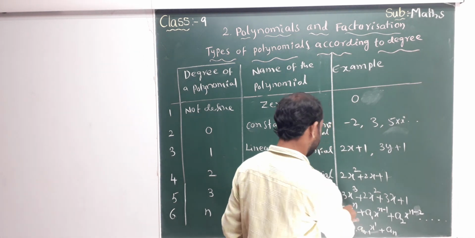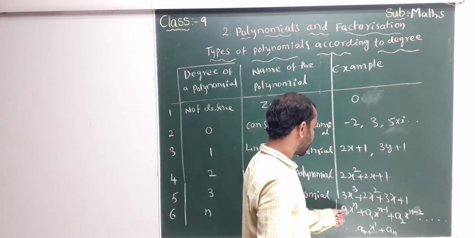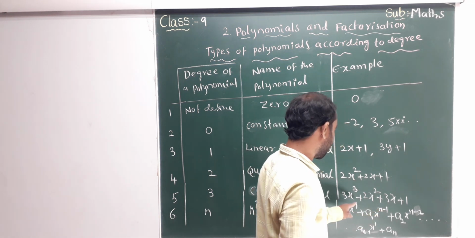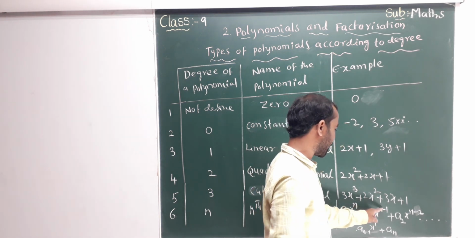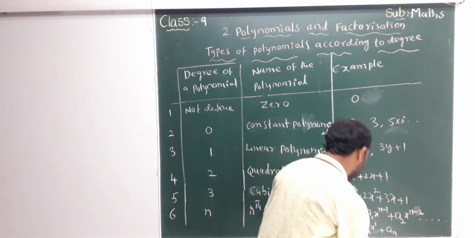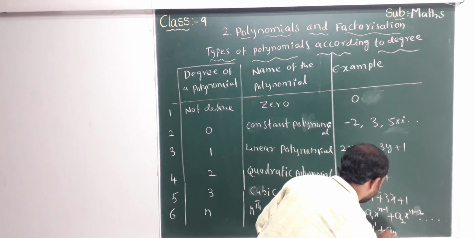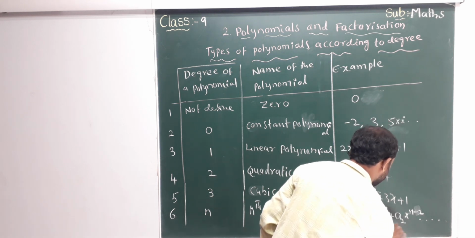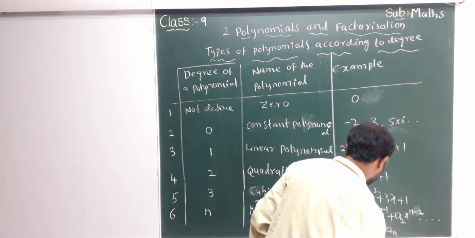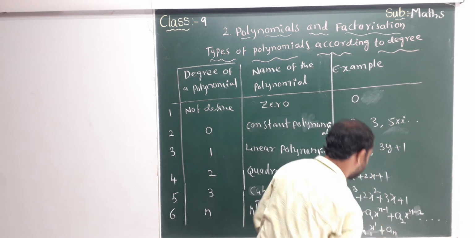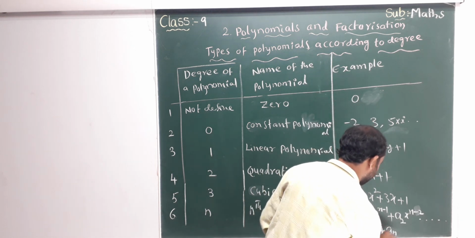In this form, term by term the degree is decreasing: n, next term n minus 1, next term n minus 2, and finally the last term is only the constant term. Before the constant term we have a(n minus 1) x to the power of 1 plus an.